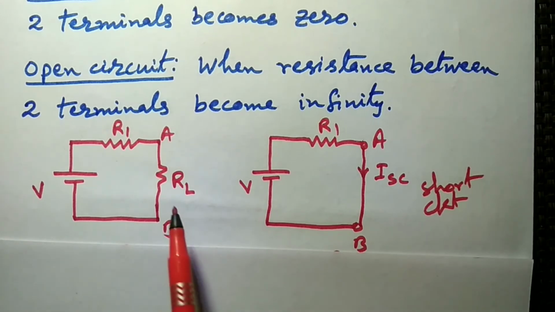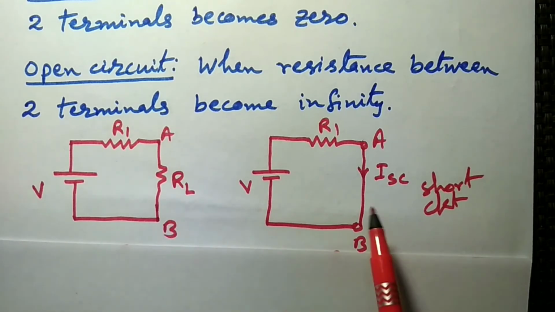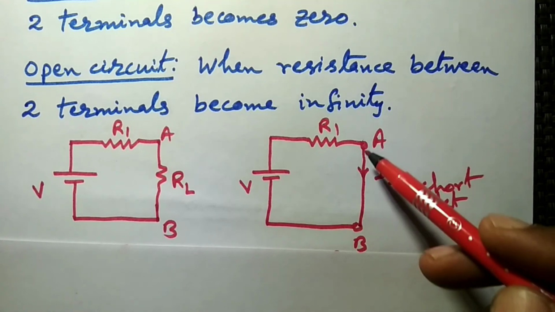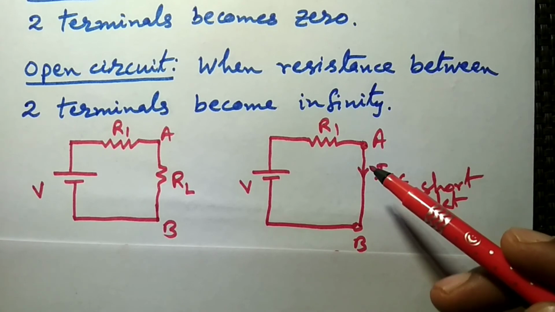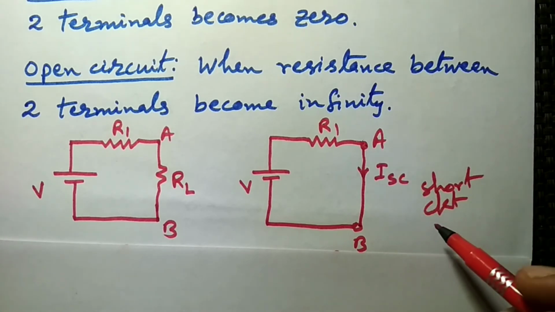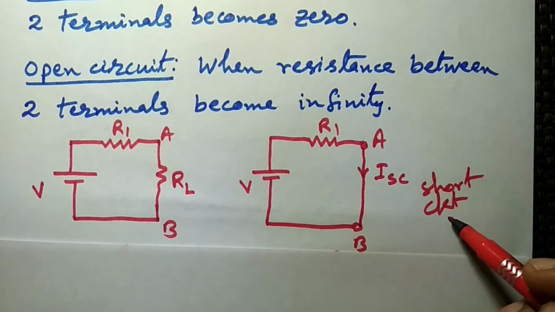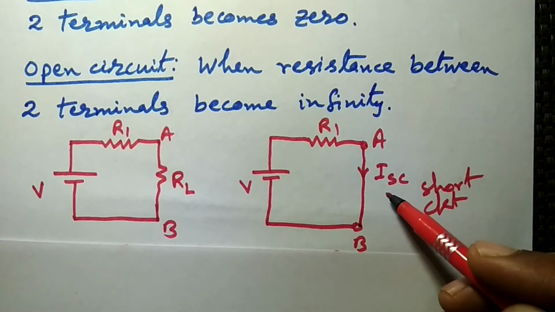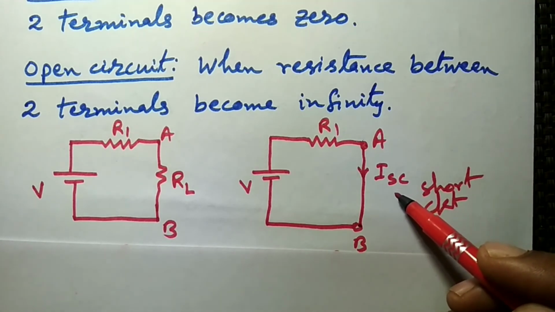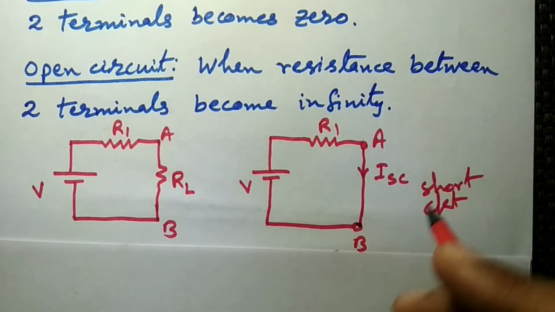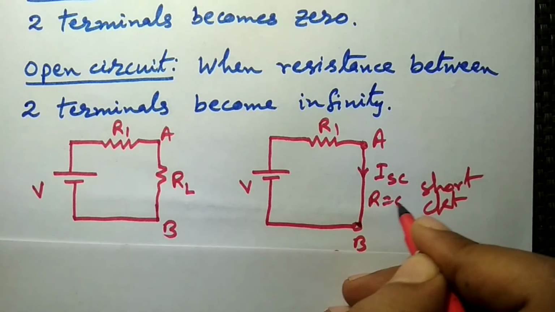We will simply remove the load resistance from the circuit and join terminals A and B using wires, because wires have 0 resistance. In this case, it becomes a short circuit path, and the current that flows through this path is considered the short circuit current. Remember one thing, in the short circuit path, the resistance will always be equal to 0.